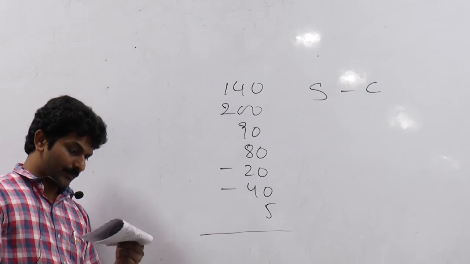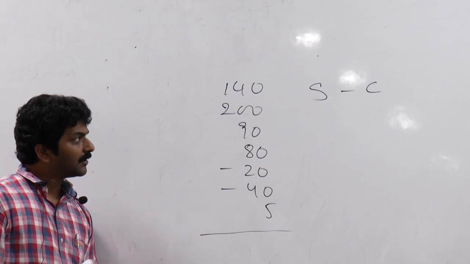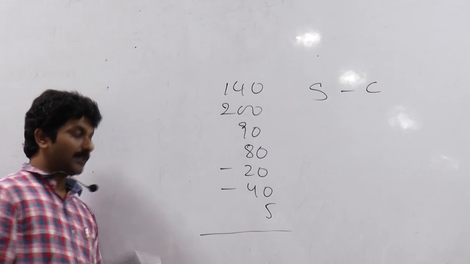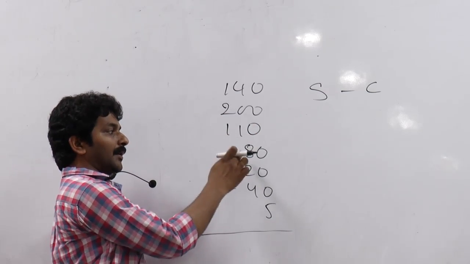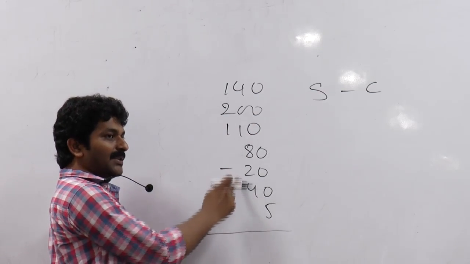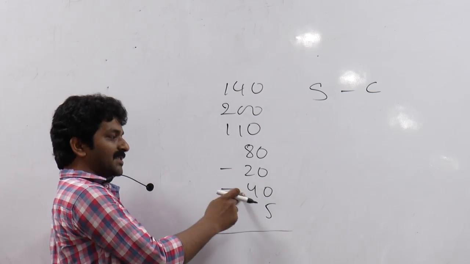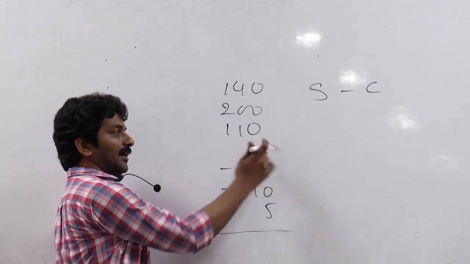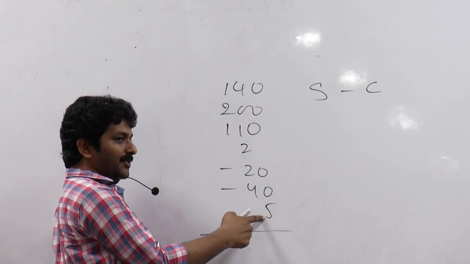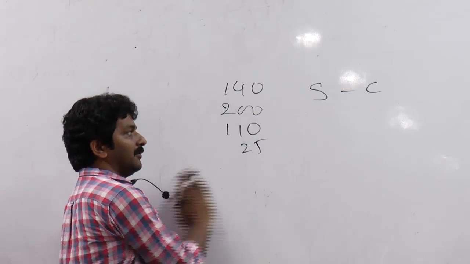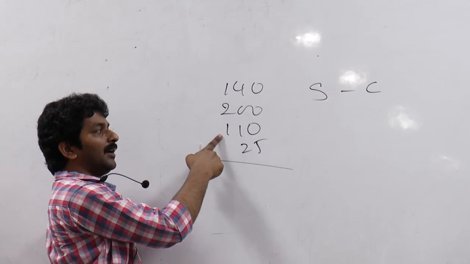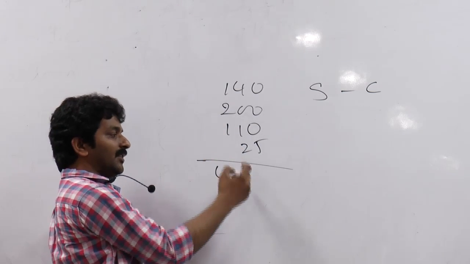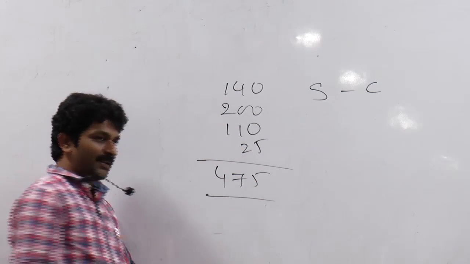Third is 110. Right, you have minus 60 here. Let me subtract 60 from 80. I'll have 20 and then a positive number 5. I'll write 5. Now we have only 4 numbers: 100, 300, 400, 40, 50, 75. 475 is our difference.